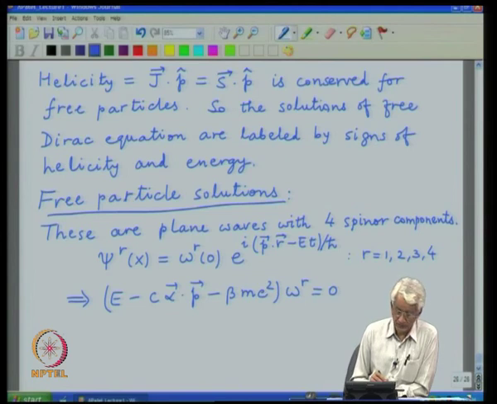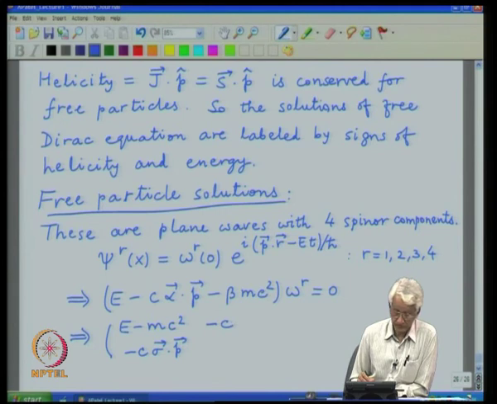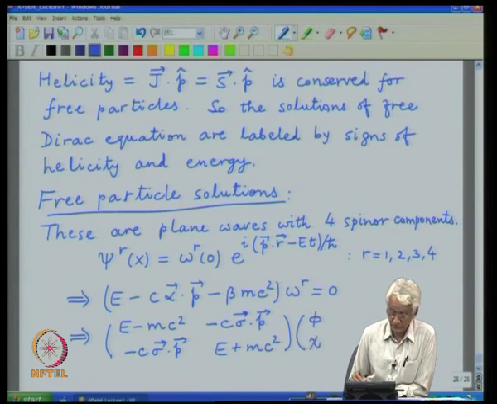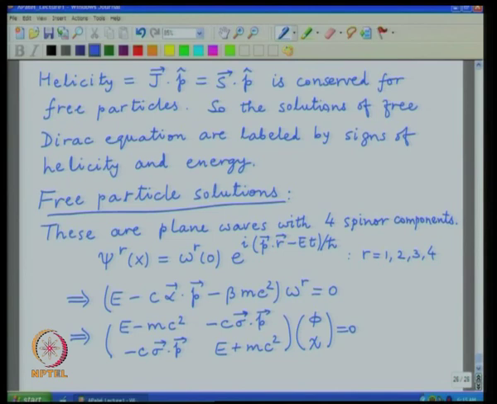And one can simplify it a little more by using a 2 component notation, where all I have done is replace this omega r by these two component spinors phi and chi, and now the explicit choice of the coordinates allows us to solve for what is phi and what is chi in a specific situation.